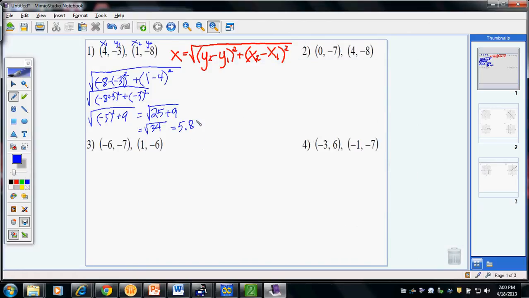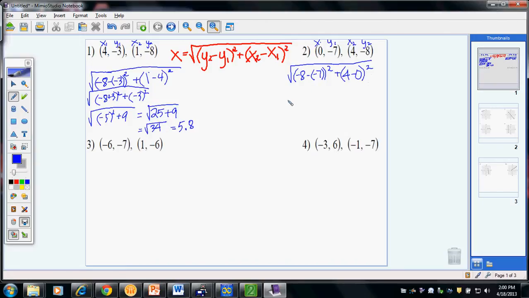Okay? So this next one, again, x1, y1, x2, y2. Okay, so we have our radical here, and we're going to take our y2, which is negative 8, minus what we have for y1, which is negative 7, square it, plus 4 minus 0 squared.